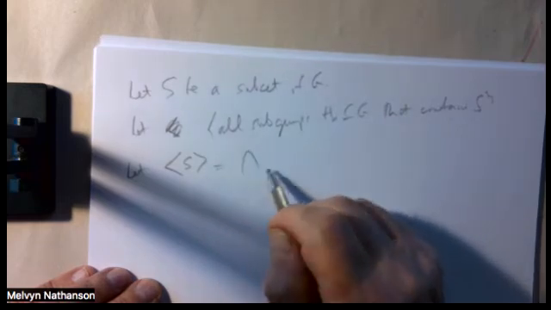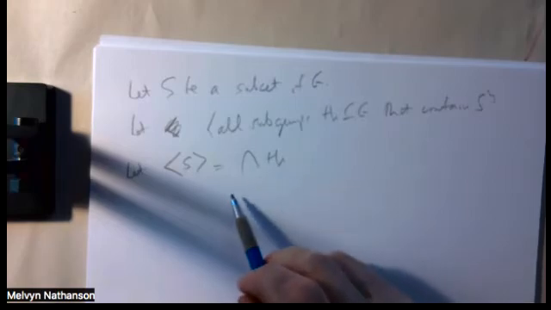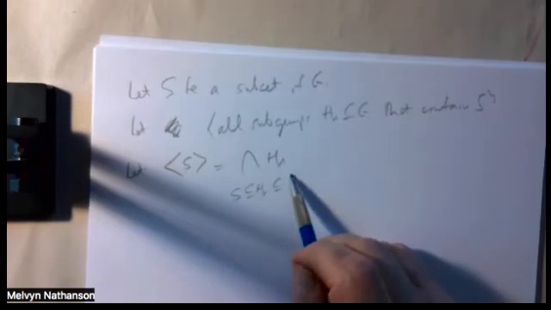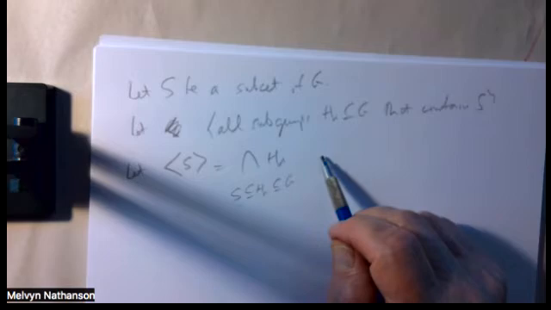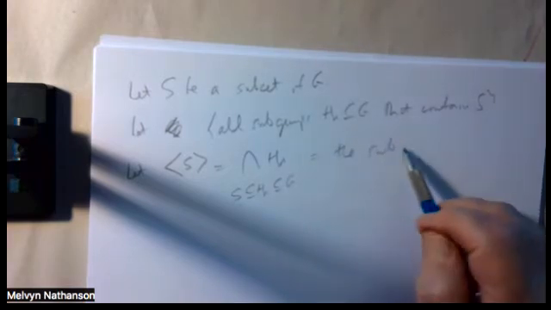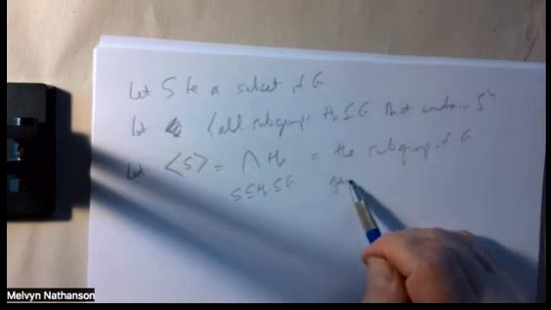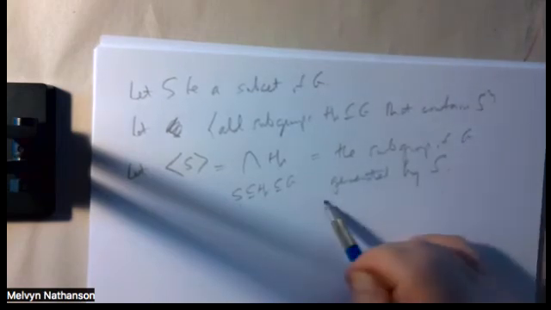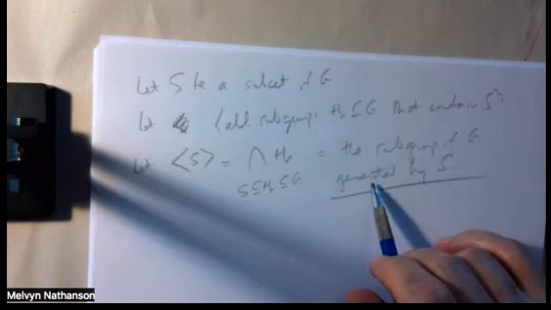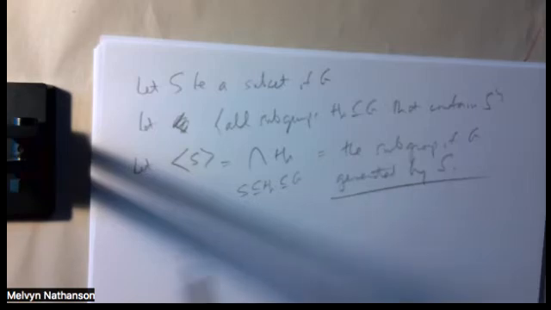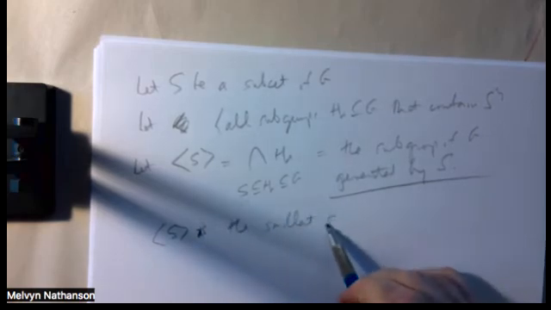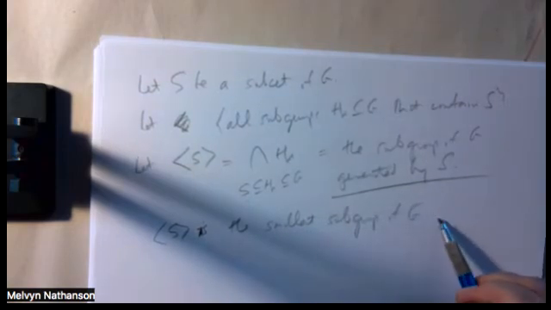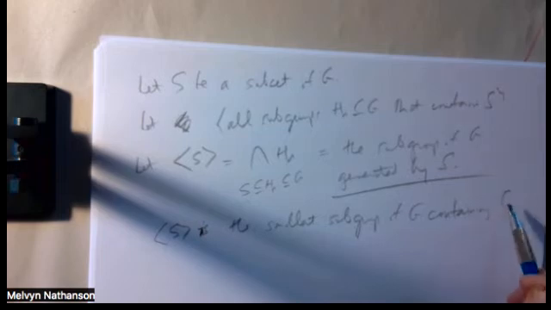Let this be the intersection of all of these subgroups contained in G that contain S. So this is an intersection of subgroups that contains S, and this is called the subgroup of G generated by S. This is in fact the smallest subgroup of G containing S.